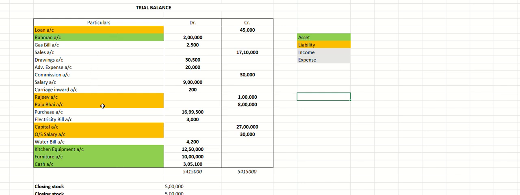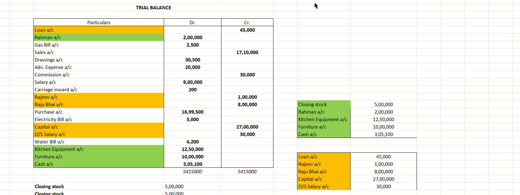We need to write them in our balance sheet and see whether we are getting a balanced balance sheet, whether our account balances are getting balanced automatically. If it doesn't get automatically balanced, then it means we have made some mistake. Let's see what will happen. Now I have listed down the assets and liabilities.